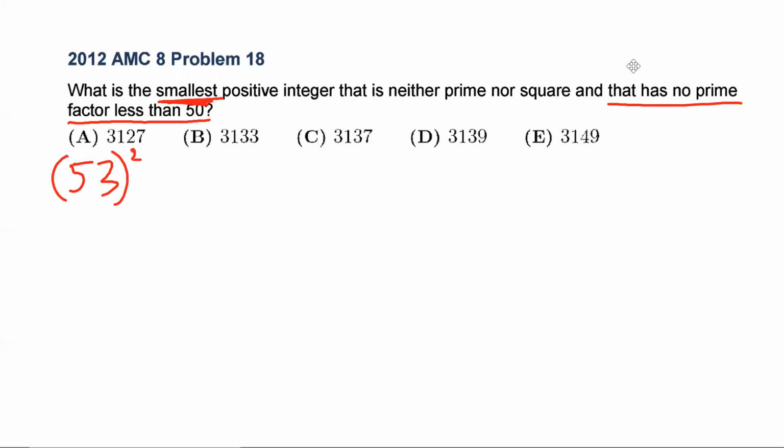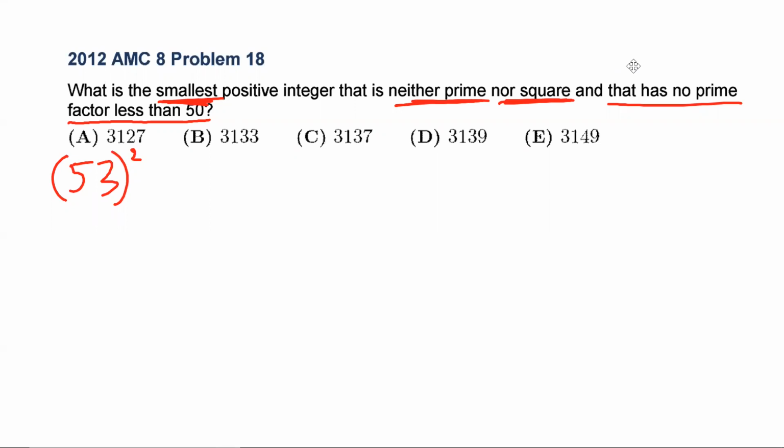Because if I just left the number alone, if we just had 53, that obviously wouldn't work. Because they're saying here that it's not prime. So maybe if I square it, it could work. But then you notice that they say it's not a square either. So you start having to look to the next prime number.